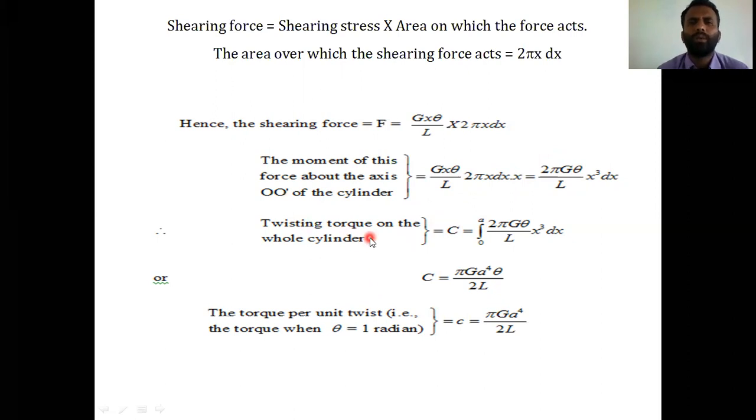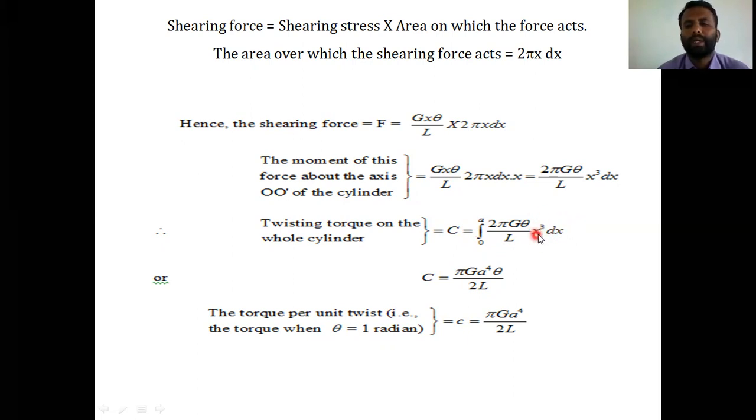Twisting torque on the whole cylinder: C equals the integral from 0 to a of 2 pi G theta divided by L times x cubed dx.